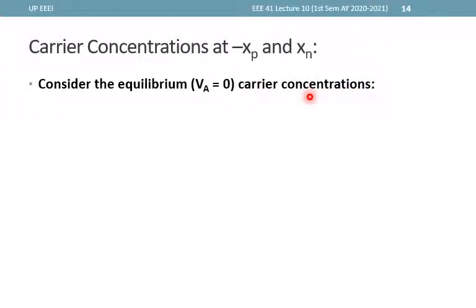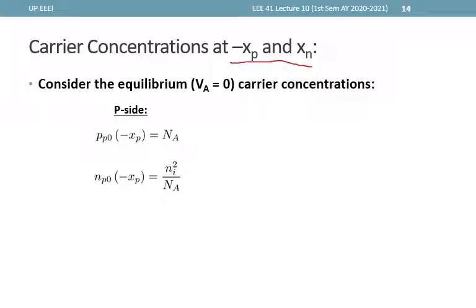So this actually refers to n and p. Since we are talking about -x_p and x_n at the edge of the quasi-neutral region, then at thermal equilibrium the values of the carrier concentrations at the quasi-neutral regions look like our usual expressions.